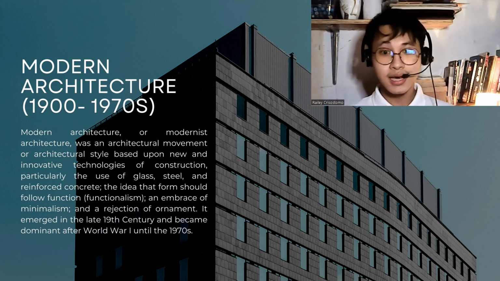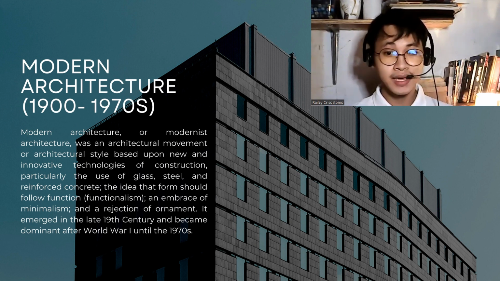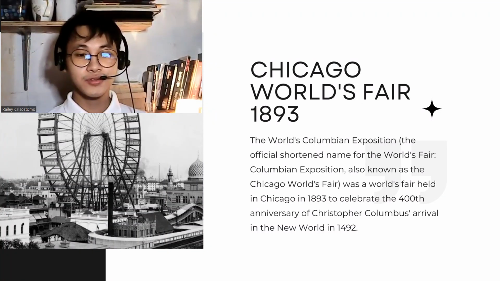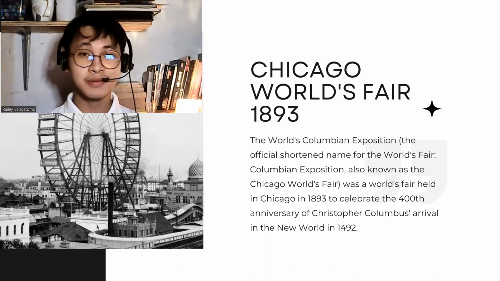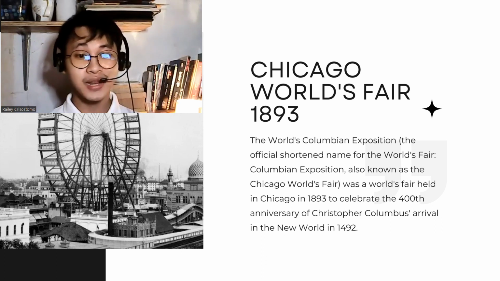So the idea that form should follow function, or functionalism, and it's also an embrace of minimalism and a rejection of ornament. So the roots of modern architecture can be traced to the 1893 Chicago World's Fair, which was composed of entirely cutting-edge buildings and cemented the United States' role as a world leader in art, architecture, and technology.